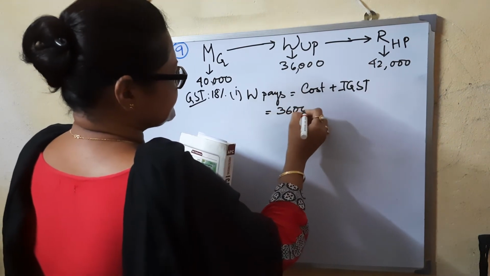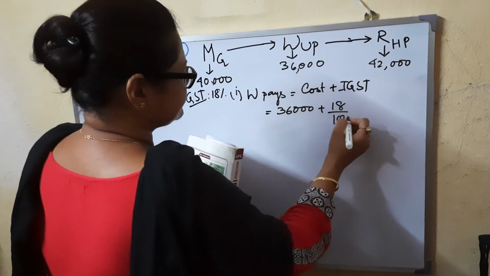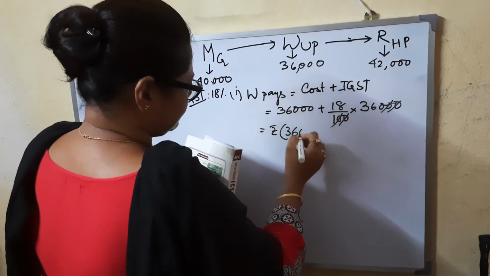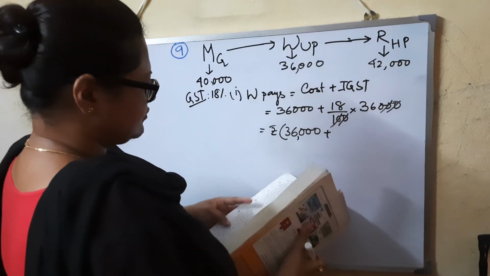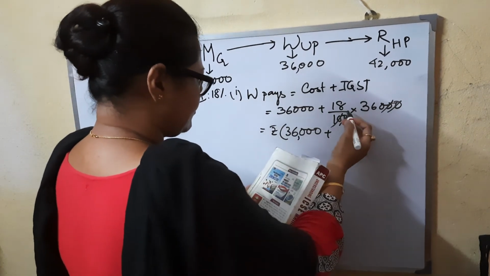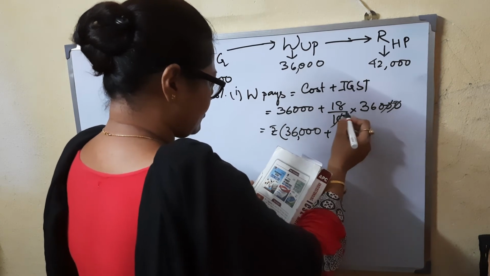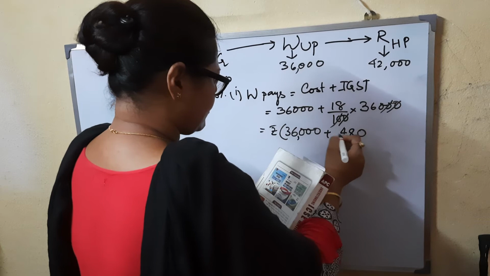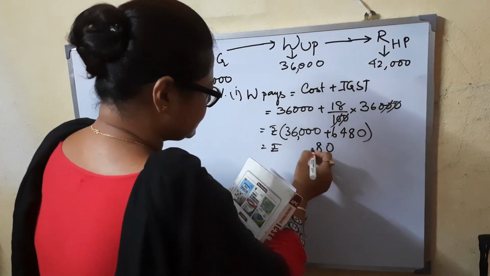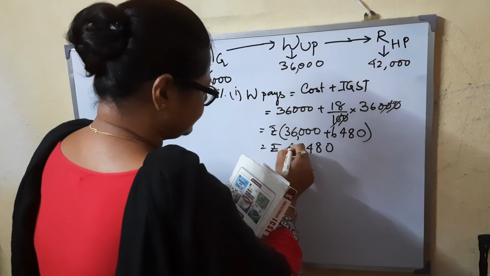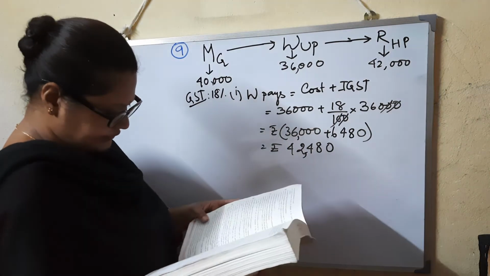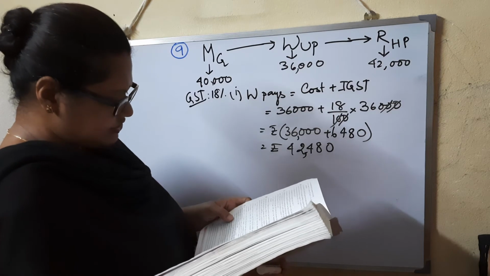That means 36,000 plus 18% of 36,000. So the value becomes 42,480.